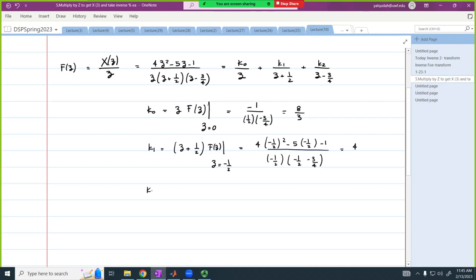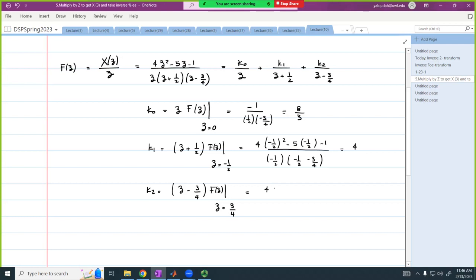We can calculate K2, which is going to equal z minus 3 over 4 multiplied by f of z, when z is equal to 3 over 4.